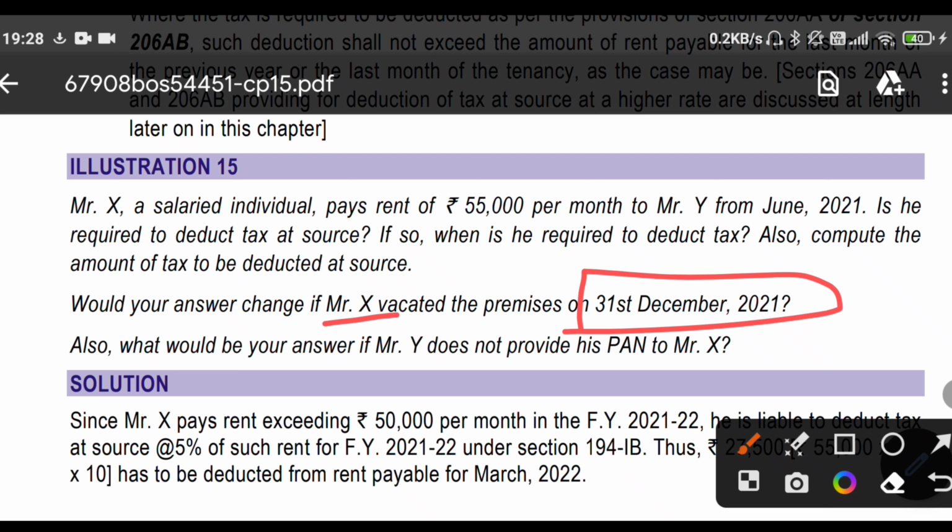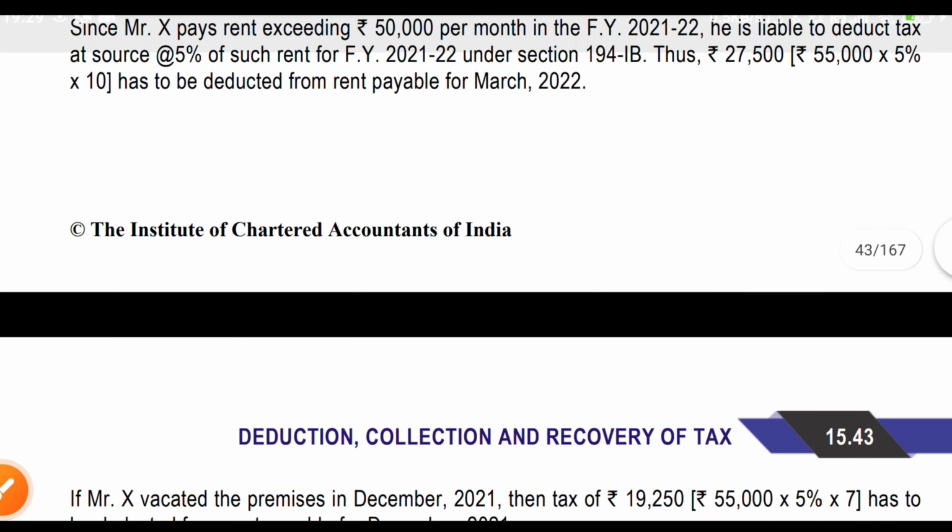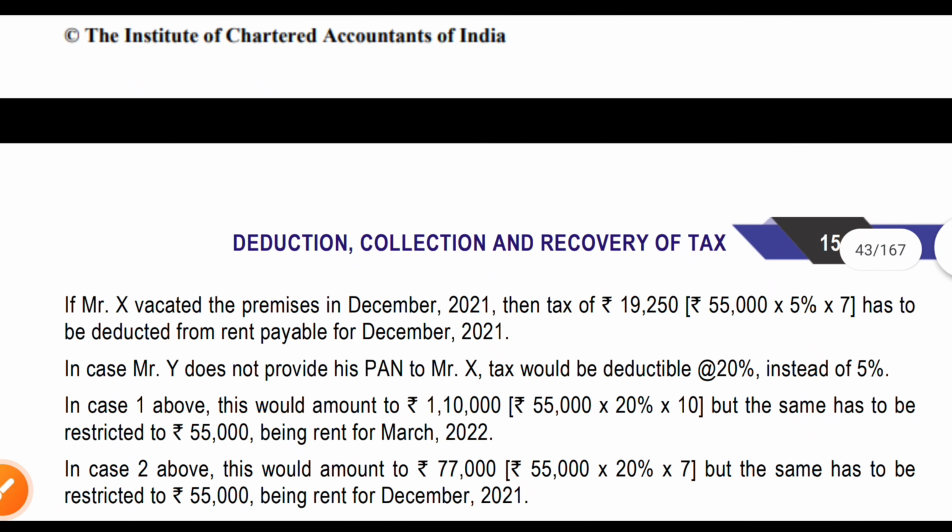Whenever rent is 50,000 or more per month, then TDS is required to be deducted. So 3,85,000 into 5%, 19,250 is the TDS amount that is required to be deducted while paying the rent of December, right?